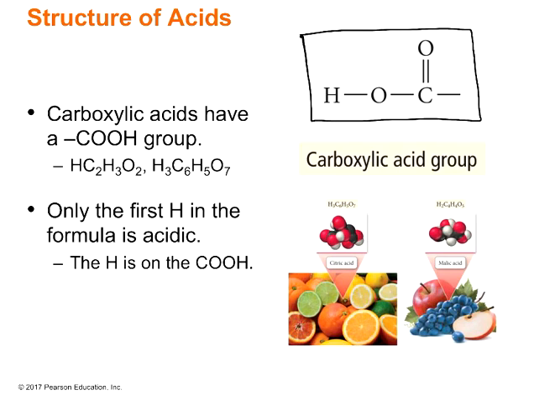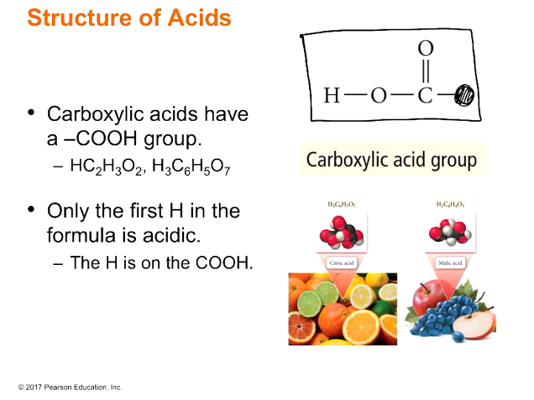And the piece on the right-hand side here, that's indicating that there's some sort of group attached to the carbon there, but we don't know what it is. Just in general, if you have a carbon that's bonded to two oxygens, and then one of those oxygens is bonded to a hydrogen, that is a carboxylic acid group.